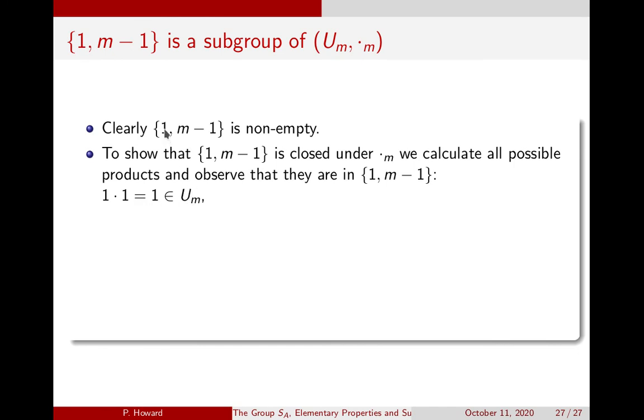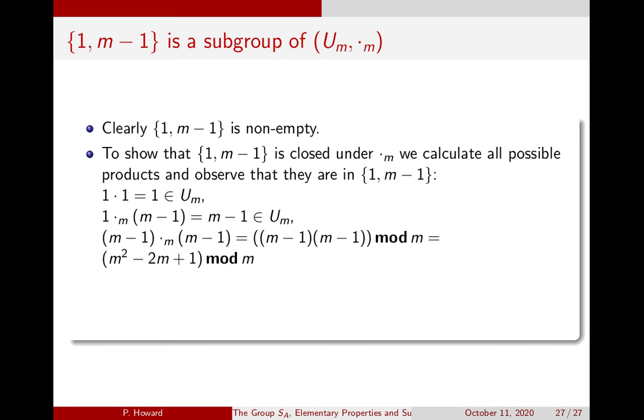Or if you multiply 1 by m minus 1 using times sub m, you get m minus 1, which is still in U sub m. Same thing would happen if you multiplied m minus 1 times sub m 1.